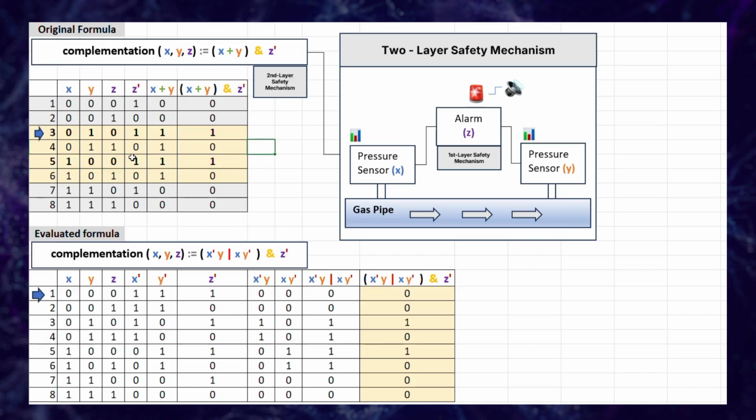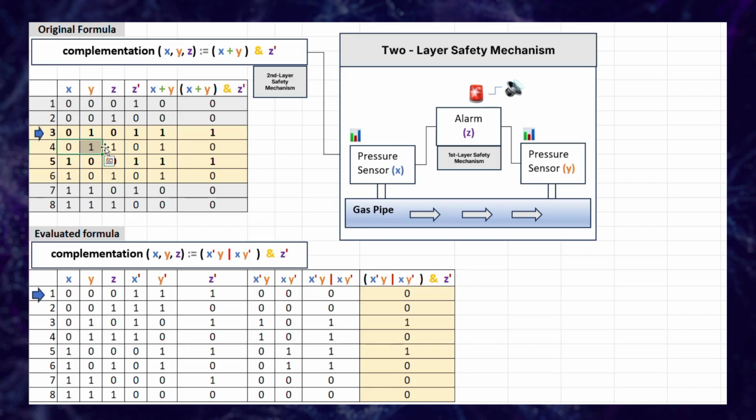So what did I notice here? I noticed that if one of the variables x and y is 1 and one is 0, if they are opposite, that's the time there is a 1 here.